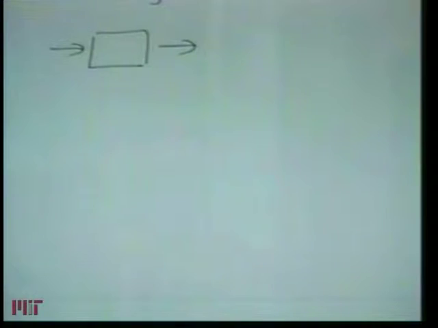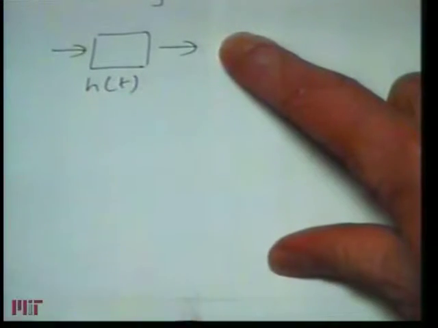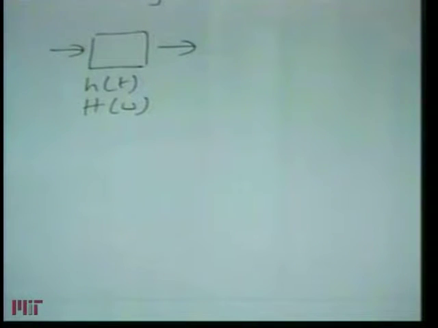You put in something and you get out something. And you can either think of what happens inside as an h of t, an impulse response, or you can think of it as a frequency response. So there are two different ways of thinking about this black box.